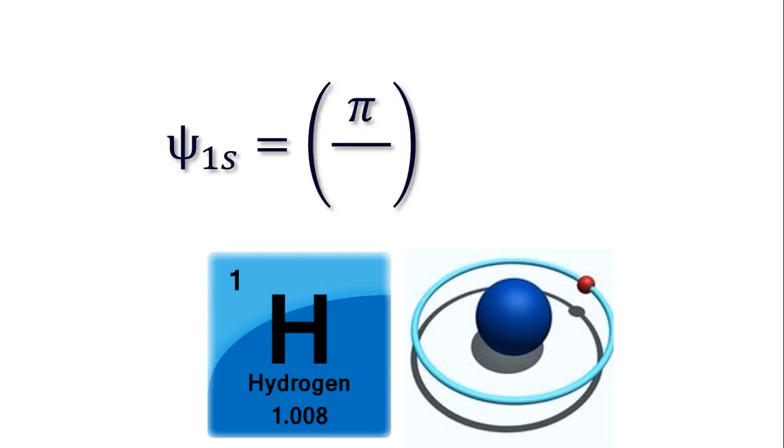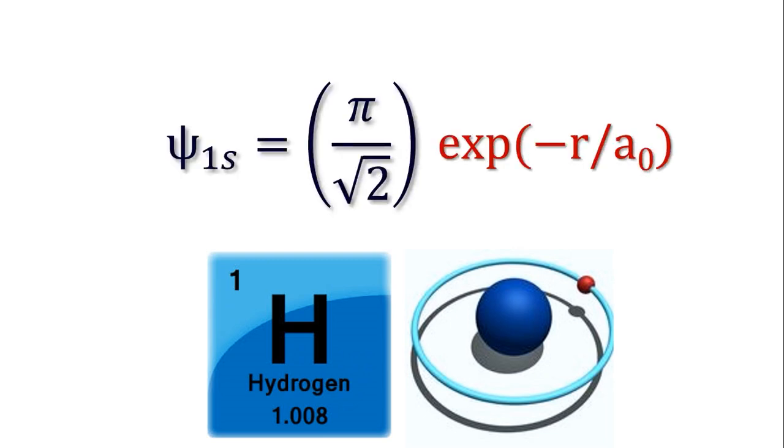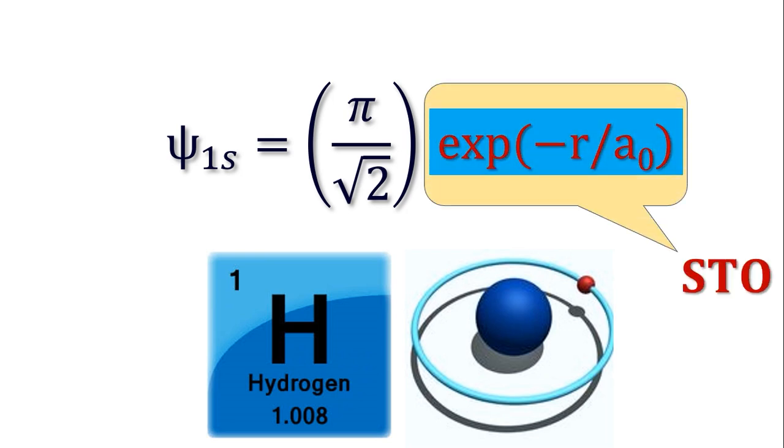It has the form psi 1s equal to 1 over root pi times exponential of minus r by a0, where a0 is the Bohr radius and has the value of 0.529 times 10 to the power minus 10 meter. Of course, every one of you knows that, right? However, clearly it's a Slater type orbital, and not Gaussian.